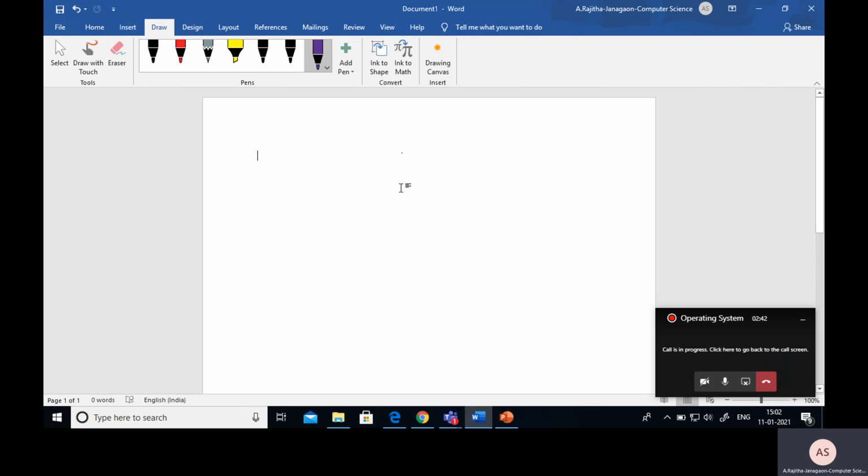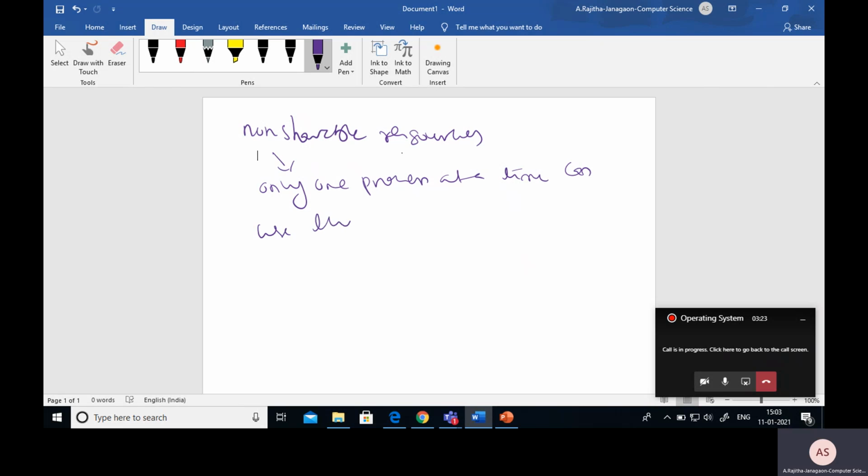Non-shareable resource means only one process at a time can use this resource.